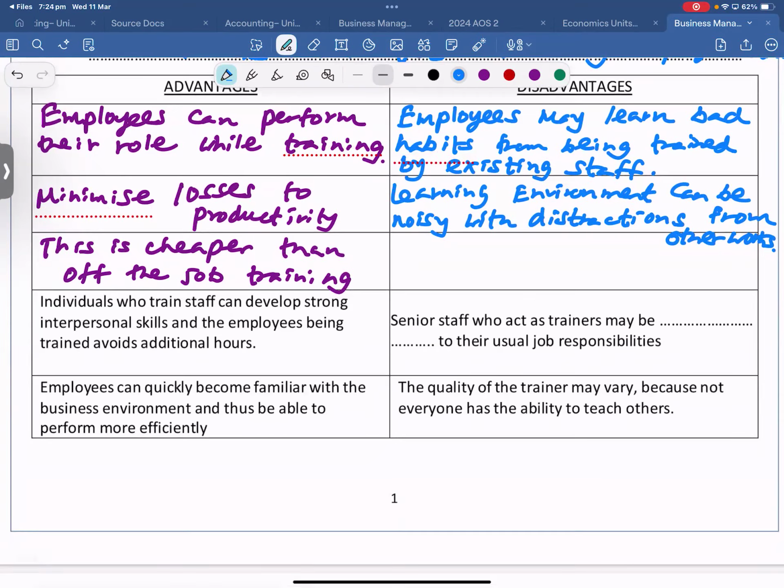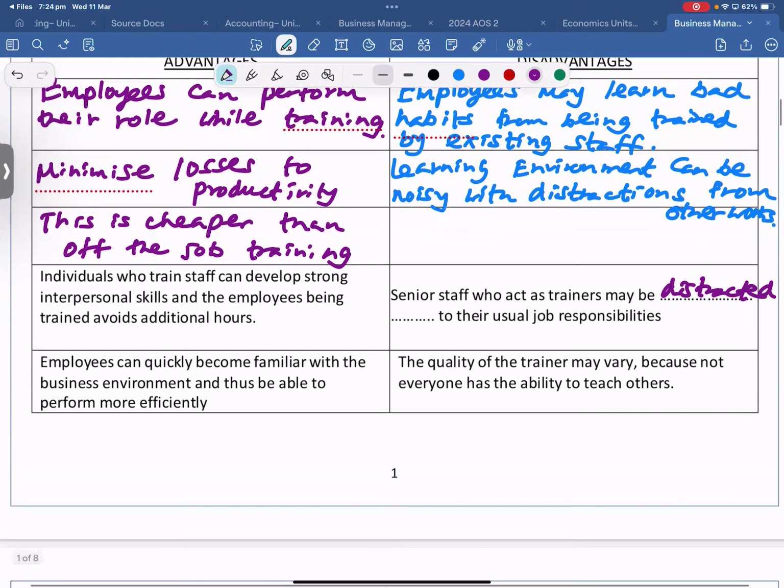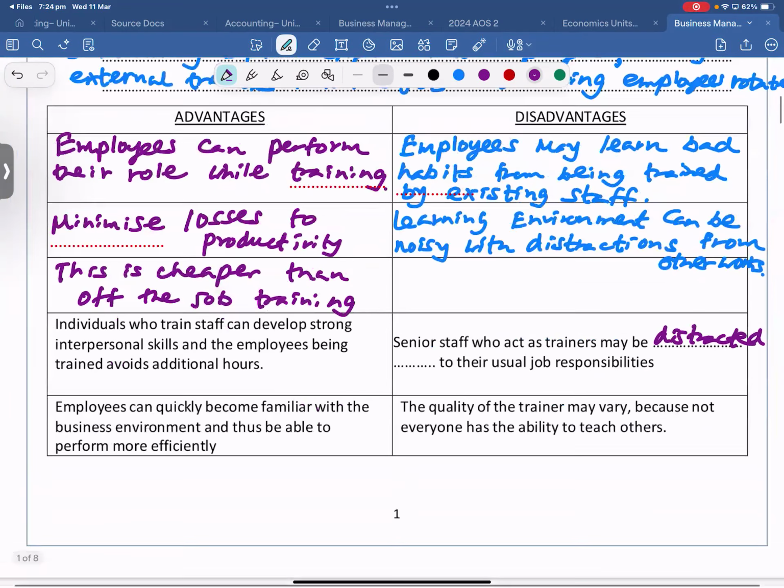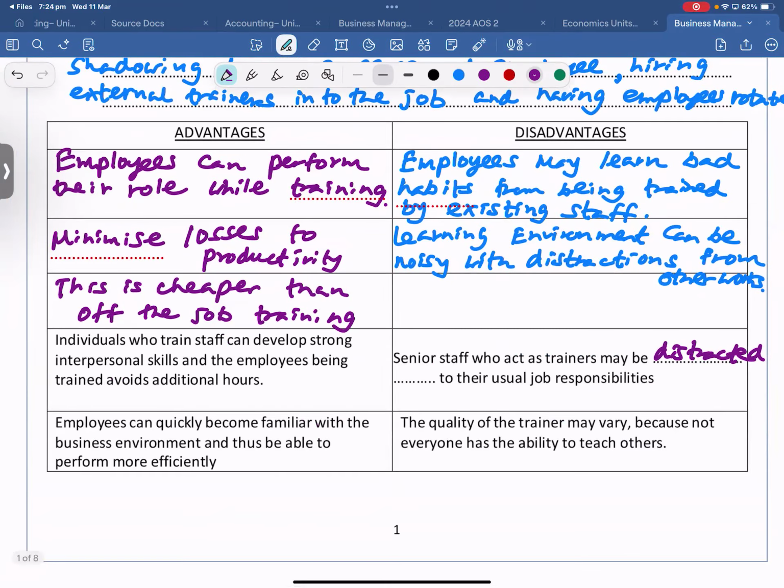Senior staff who act as trainers may be distracted by their usual job responsibilities. Right.